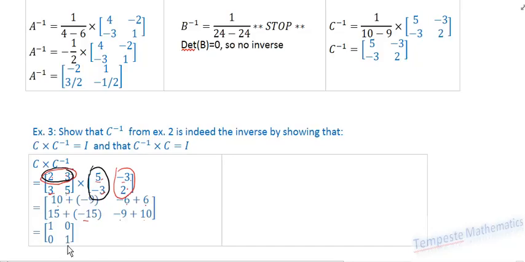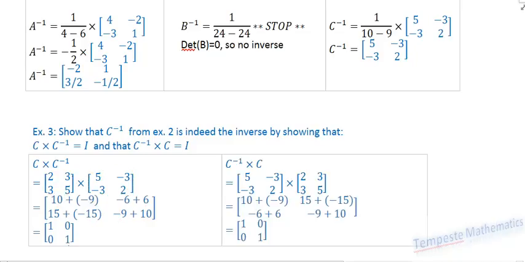Their sum is 1. So that side checks out. But in order to be the inverse, it needs to work on both sides, so I must be able to multiply either way. A little bit of magic has happened: we've done C inverse times C, and the story checks out. The inverse did work.